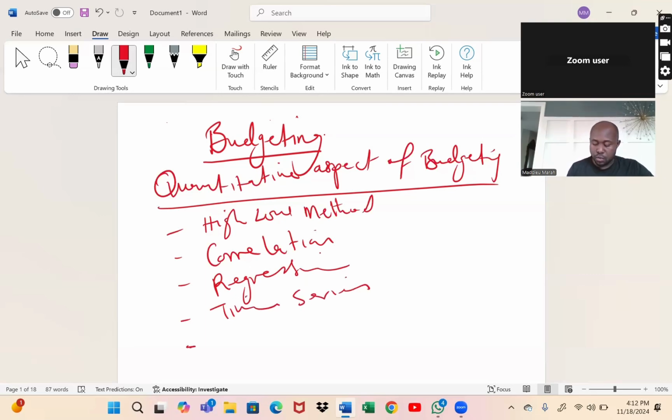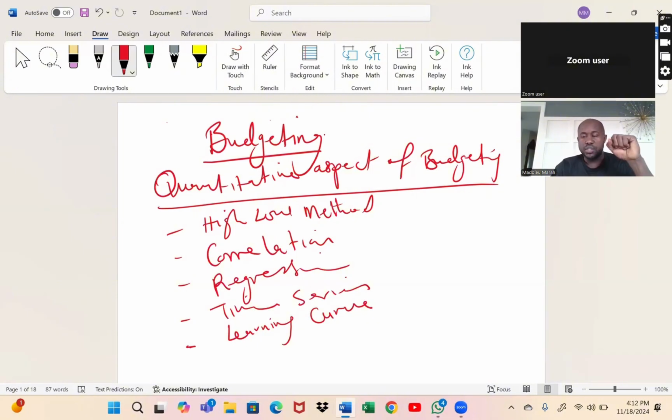And finally, looking at learning curve. So this is what we'll be looking at in budgeting. This is the quantitative aspect of budgeting, an important topic with performance management and also management accounting. You will learn something with the high-low method. Okay. So let's start with the high-low method.